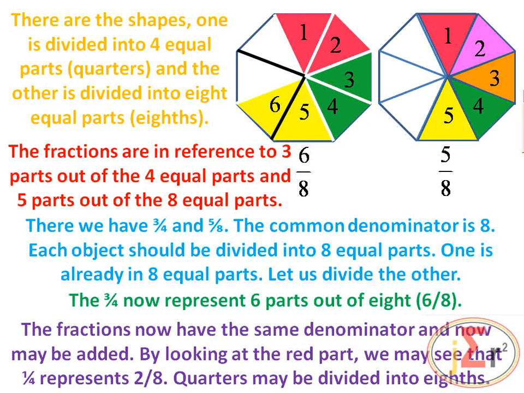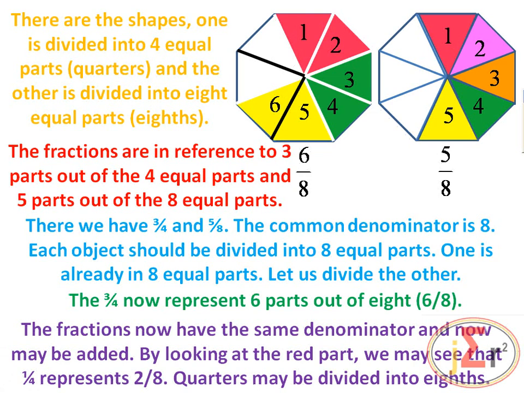By looking at the red part, we may see that 1/4 represents 2 parts out of 8. So just looking at the red part that we have here, remember that the red part all by itself represented 1/4. It represented 1 part out of 4.